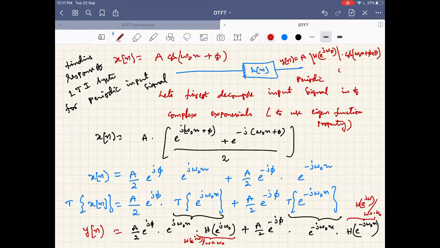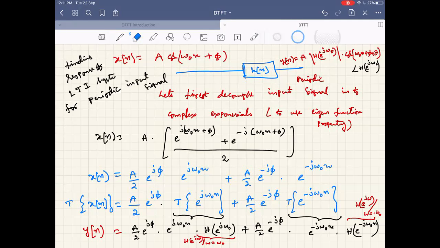What is this theta? Theta is equal to the angle of H of e power j omega naught. Just check yourself whether it is correct or not again from your side.